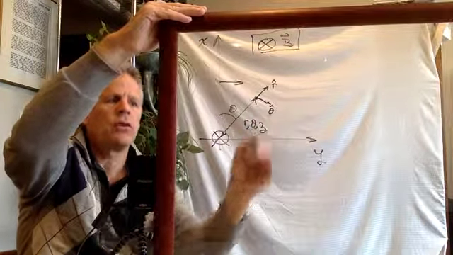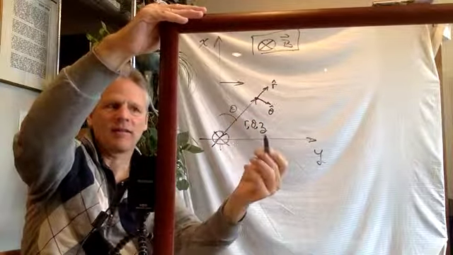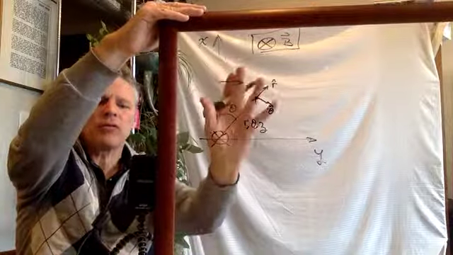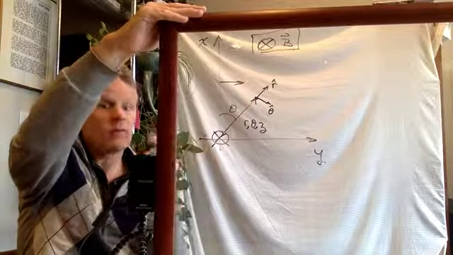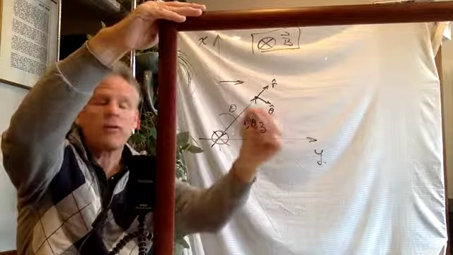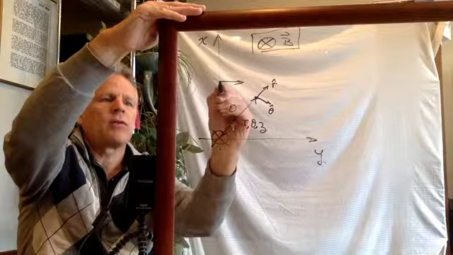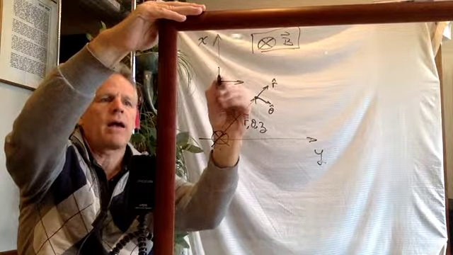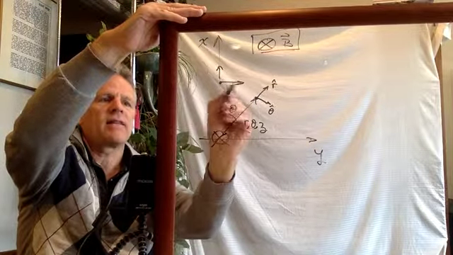But what you guys will notice is that these directions are not constant. They're constant in terms of this coordinate system, but if you were actually looking at them, you would see that as opposed to Cartesian coordinates, where those are always the same, these are not always the same. They change. In other words, if I'm at this location right here, then my r hat is like that and my theta hat is like this.